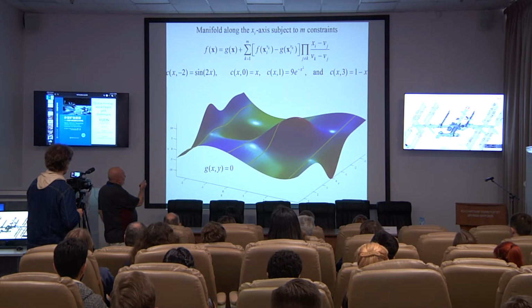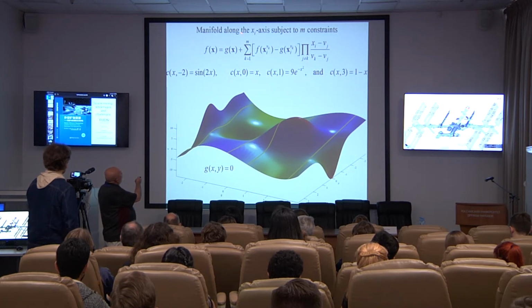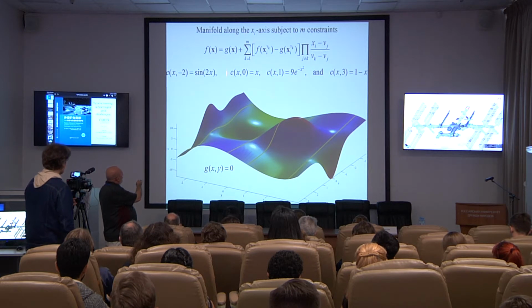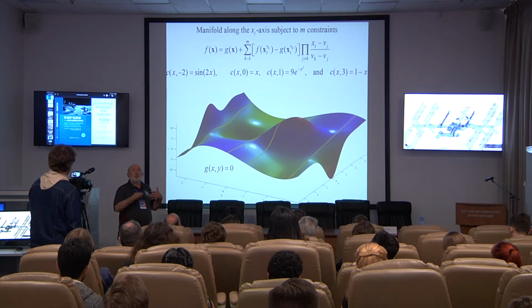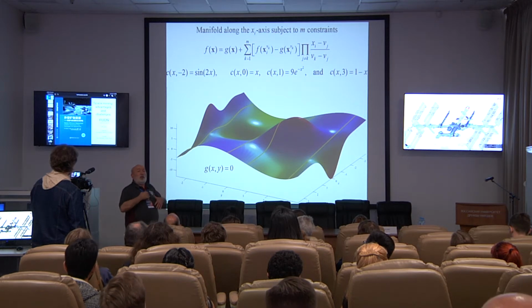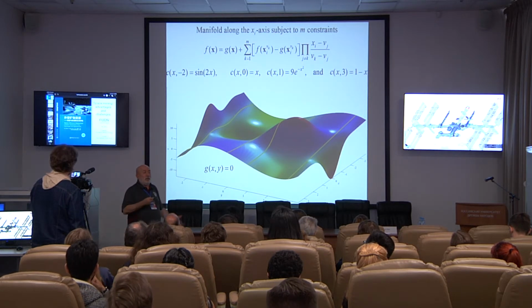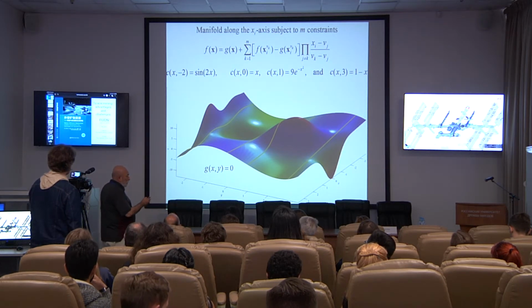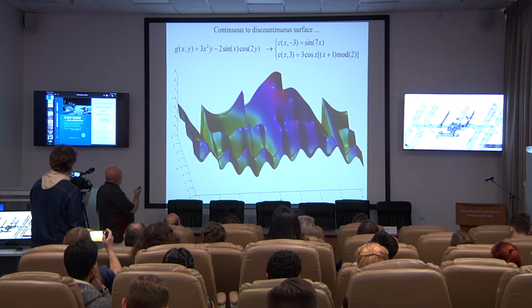So this is, for instance, the solution you obtain if you choose the free function g of x and y equal to 0. So it's the most simple surface that you can choose. You can choose whatever you want here, even using modular arithmetic. This is an example of this.